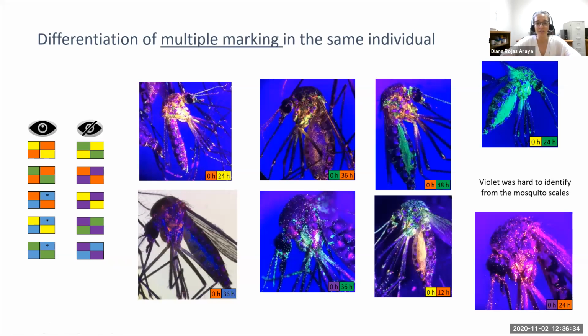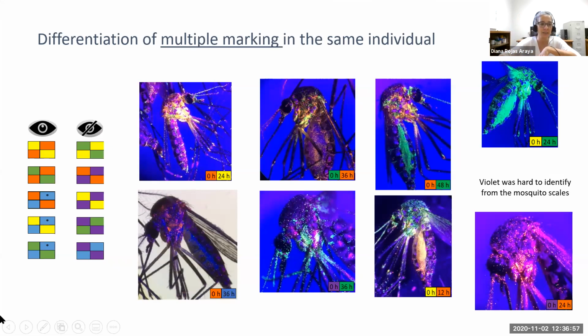And then the part on multi-marking was very interesting. In one of the experiments we used only 2 powders and evaluated different combinations. In another experiment, we did multiple combinations using 2, 3, 4, and 5 powders in the same female.